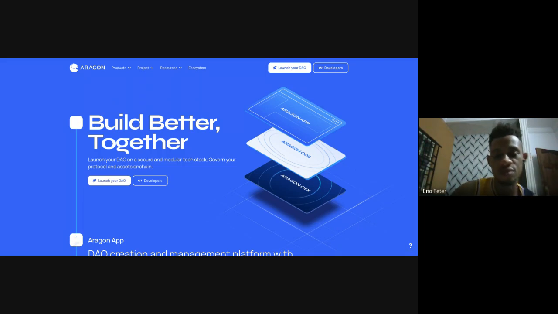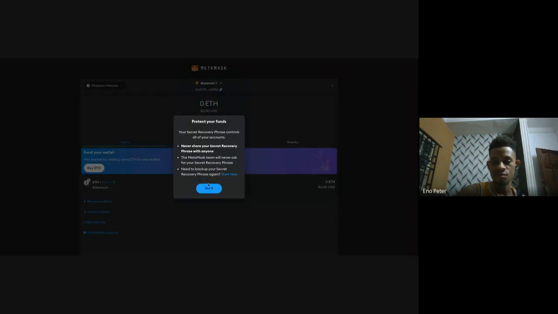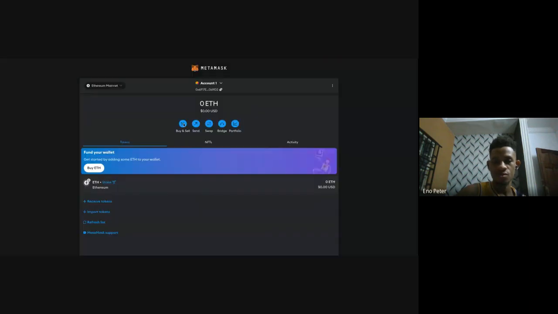Done already. Cool. So we just created, let's launch the DAO again. We just created a MetaMask account.